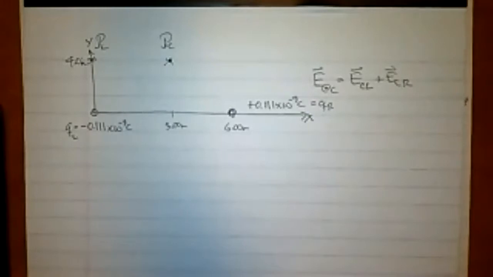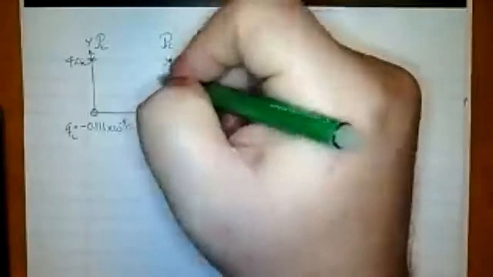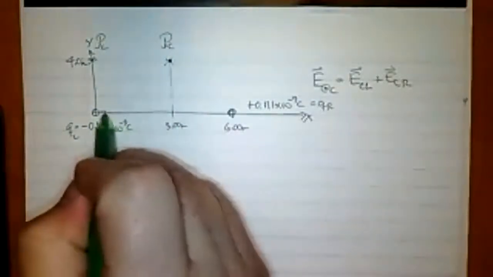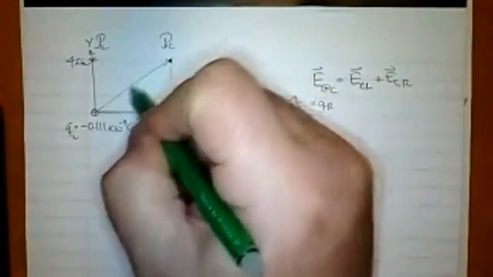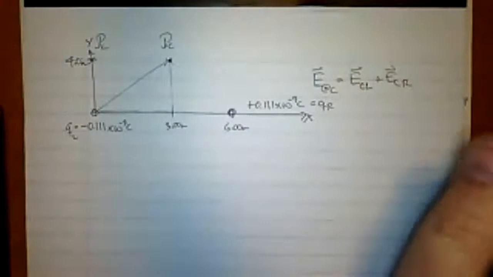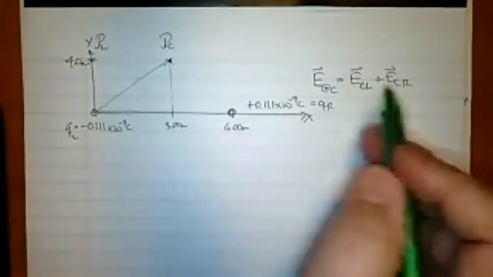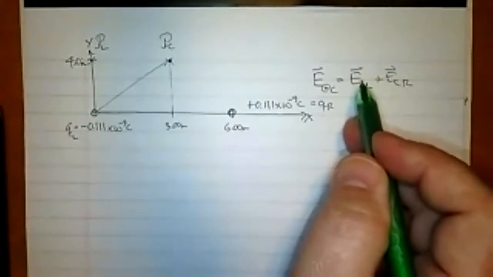Well, remember, just like in Coulomb's law, we learned that the force acts along a line connecting the center of masses of the doohickeys. So what I'm going to do is first off show you that we got a neat triangle here that's kind of helpful. And then the hypotenuse of that triangle is the line along which the electric field acts. So this guy's a negative charge, and this is the electric field due to it.